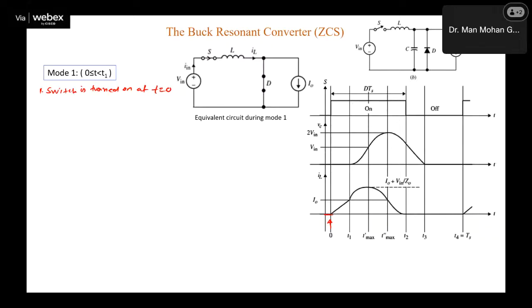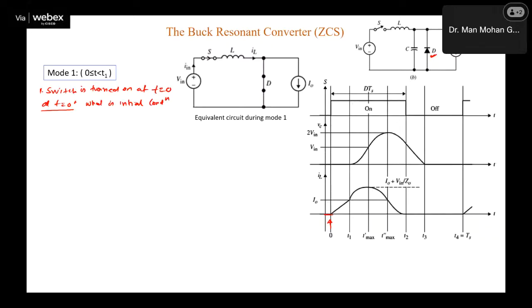So before that, what is the initial condition? At t equal to 0 plus, what are the initial conditions? So this is our circuit. When this switch is turned on, just before that, what was happening?